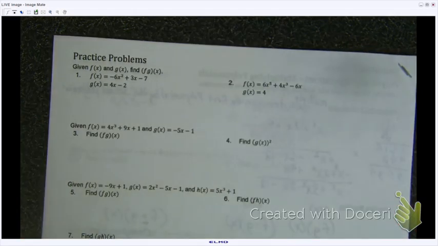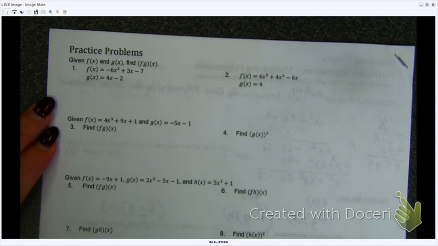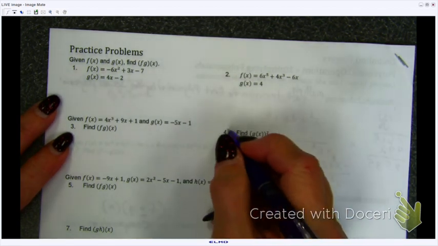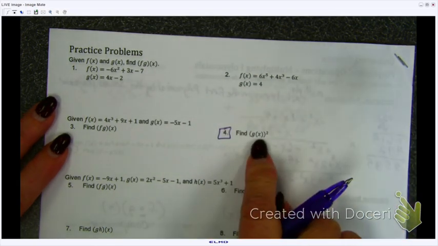So we have the practice problems on the back. One through 3 are straight up multiply. Let's work question 4, just because of the notation.